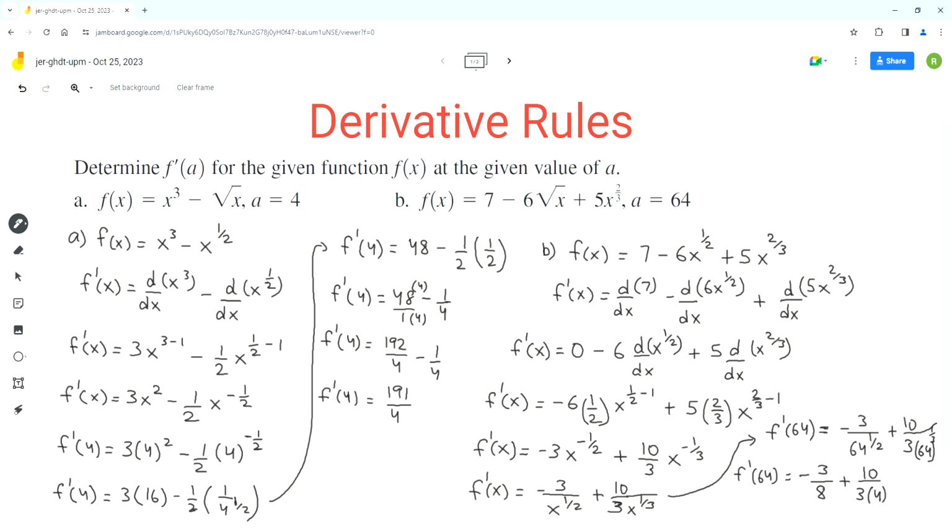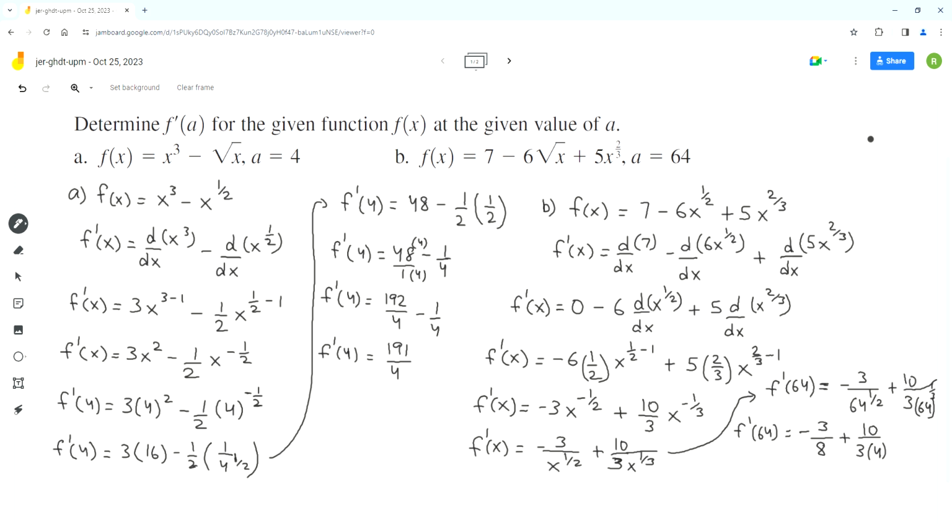So we are left with prime of f at 64 equals negative 3 over 8, and we can simplify this fraction, so we can reduce this fraction by 2, so we get plus 5 over 6.